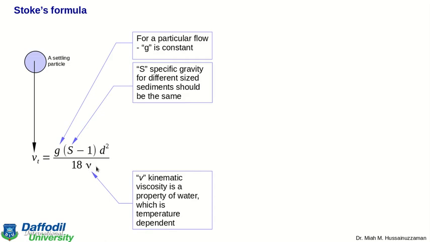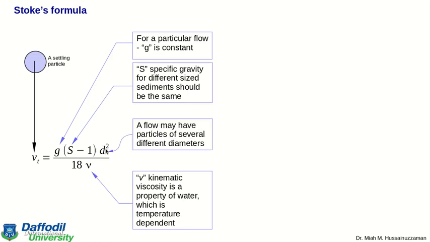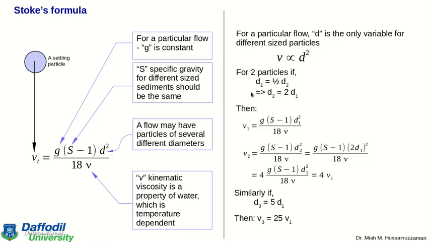And for a particular temperature in the medium, that means water, the kinematic viscosity is the same. So the difference is that all the particles have different diameters. Due to different diameters, all the particles will have different settling velocities, because this is a velocity equation. Velocity is proportional to diameter squared. That means if one particle has twice the diameter, then it will have four times the velocity.